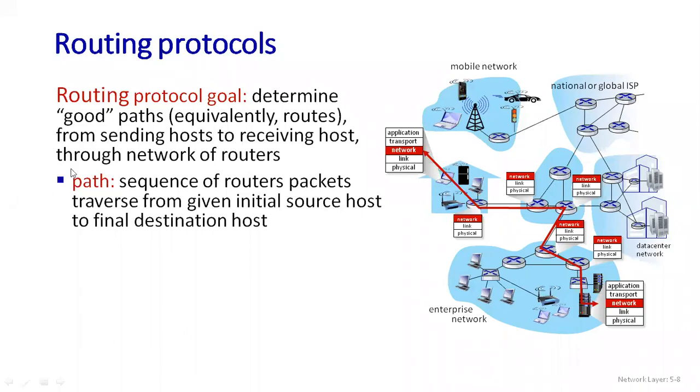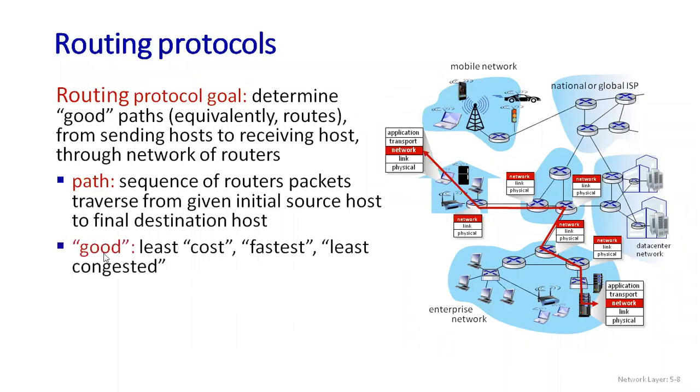Now many times I have used the word path. So what do we mean by path exactly? It is a sequence of routers that a packet traverses from the given initial source host to the final destination host. It means the sequence of packets are moving through the network from the initial host to the destination host. Okay, so that is the meaning of path.